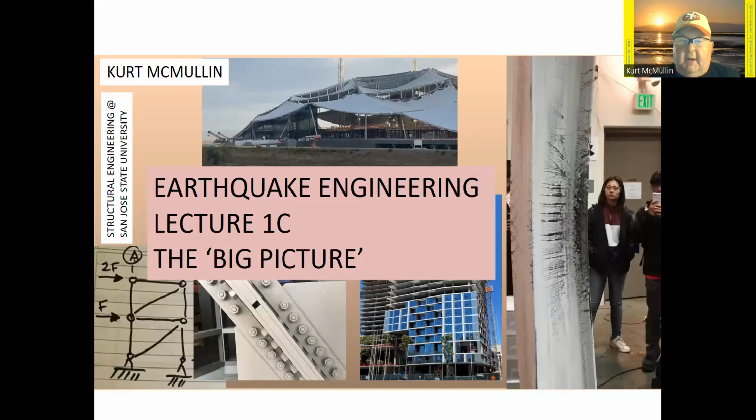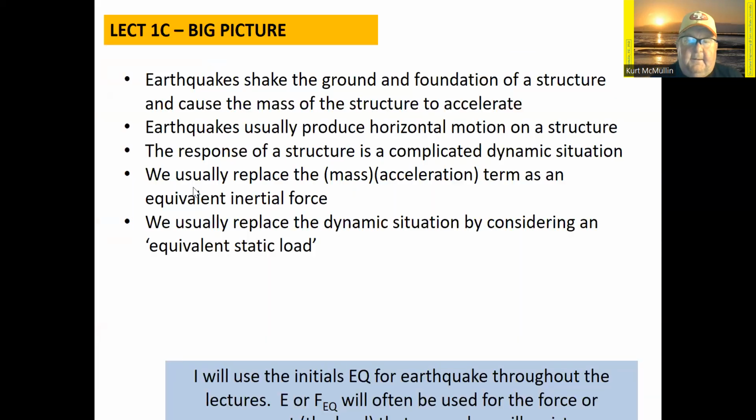So I want to talk about what I'll call the big picture, so we get an idea of where some of the future topics are going to fit into place. What really happens during an earthquake is moving the ground, shaking the ground back and forth and the foundation of the structure.